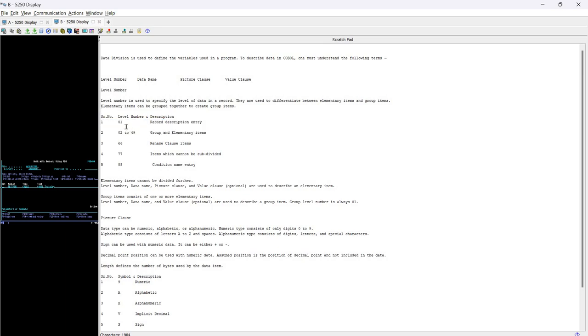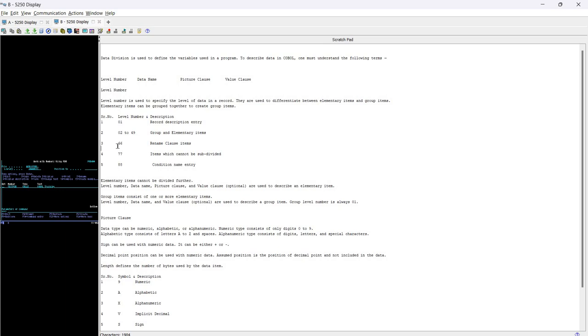Now to understand these things, just follow this table. In this table, the first column is the level number. Level number 01 denotes a record description entry. Then level numbers from 02 to 49 denote group and elementary items.